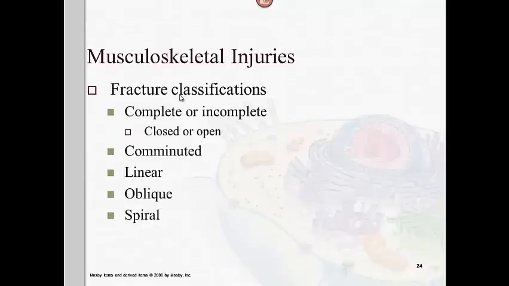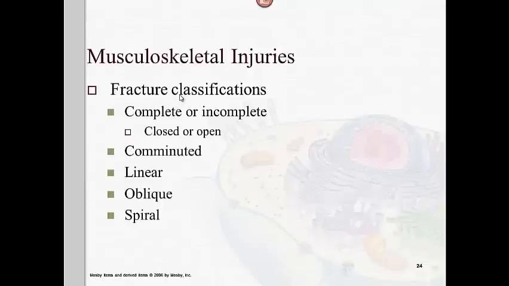An open fracture, formally referred to as a compound fracture, is when the skin is open and you could see the bone outside. A closed fracture is also called a simple fracture. A fracture in which a bone breaks into more than two fragments is also called a comminuted fracture.